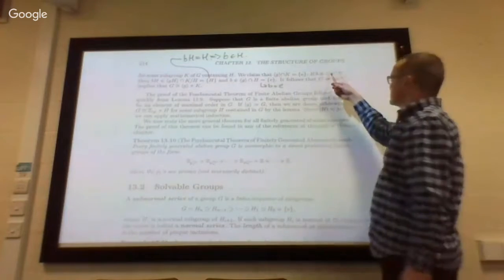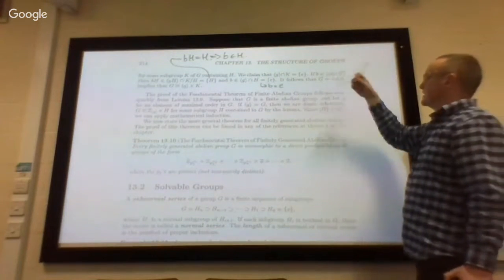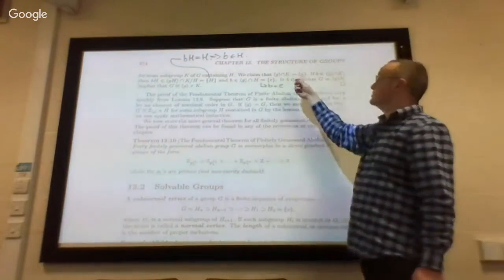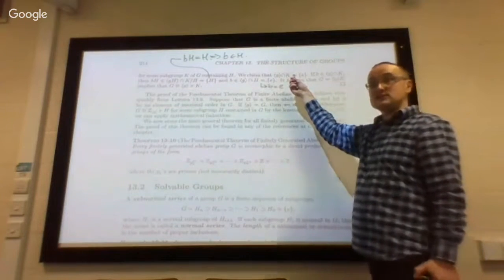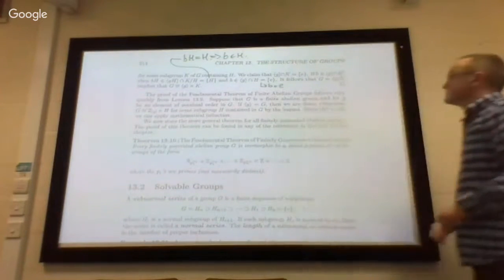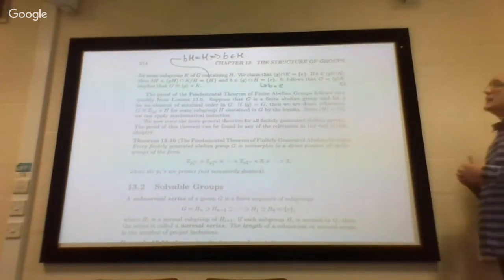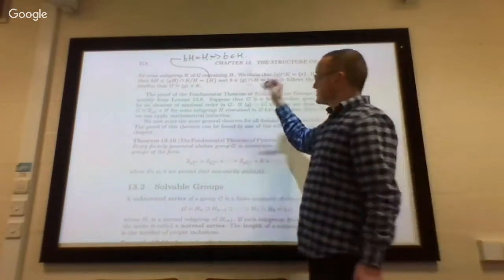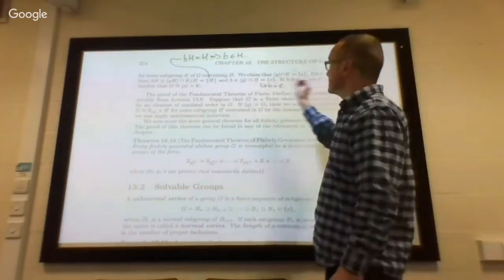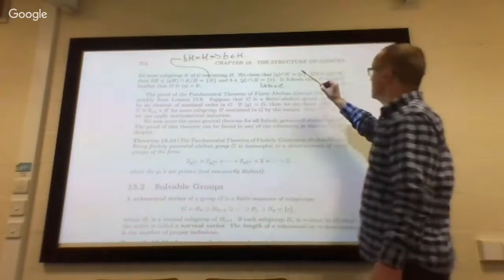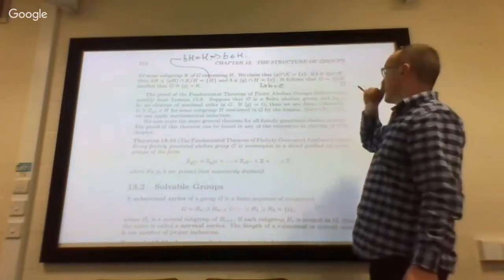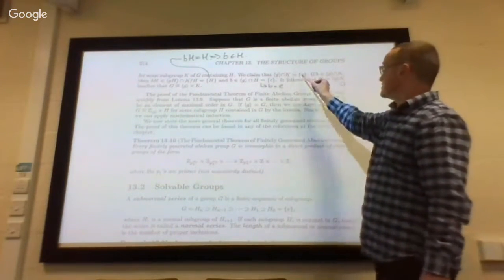So anything in the intersection of the cyclic subgroup generated by g and K has to be the identity. So that proves that the intersection only consists of the identity. So we've got these two subgroups, the cyclic subgroup generated by g and this new subgroup K, and they have trivial intersection.